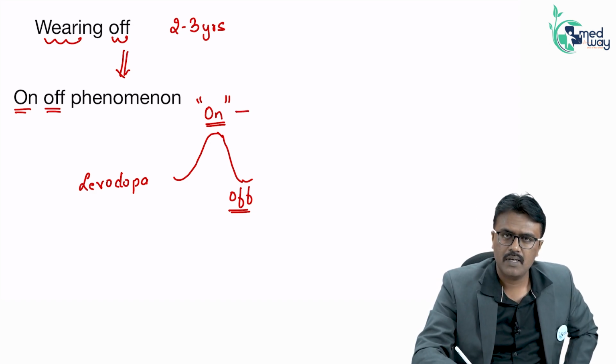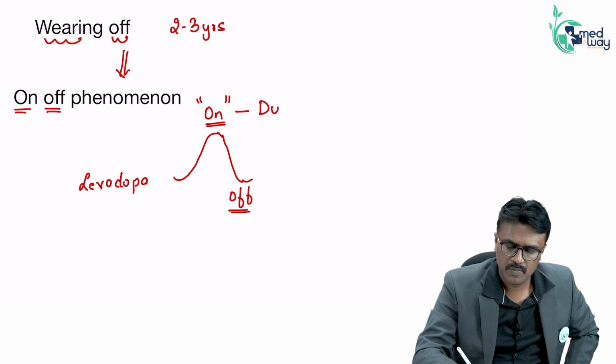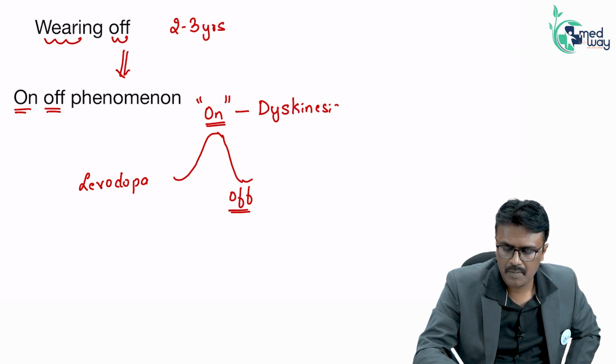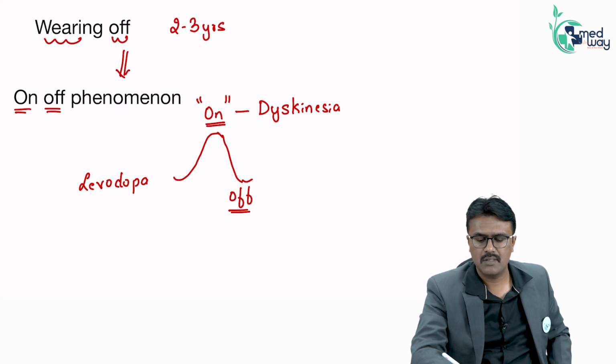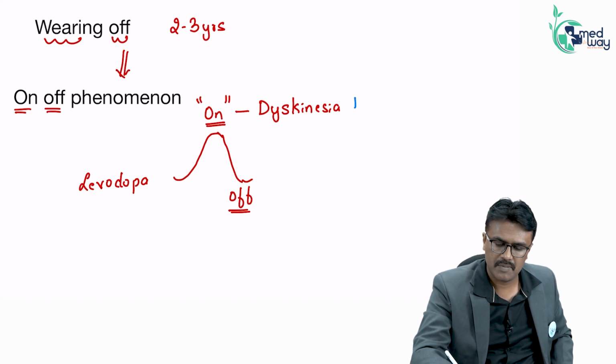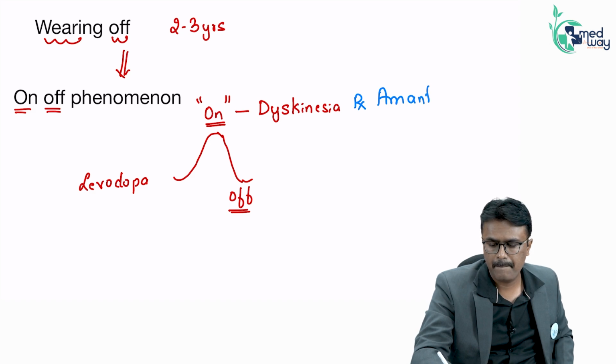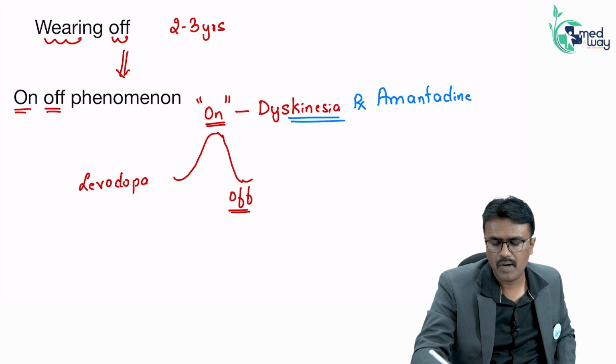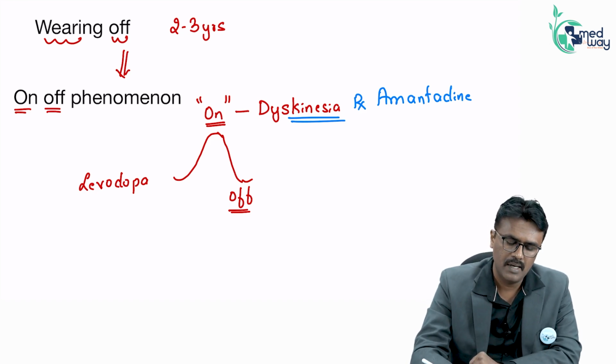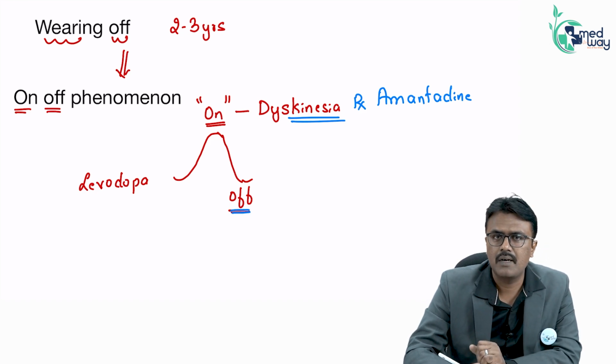Now what happens if the drug is on? The patient will experience dyskinesia, that means abnormal movements. So what is the treatment if the patient develops that? The treatment is amantadine. If the patient is developing dyskinetic problems, then you can add amantadine. Off episode means the drug is not there.